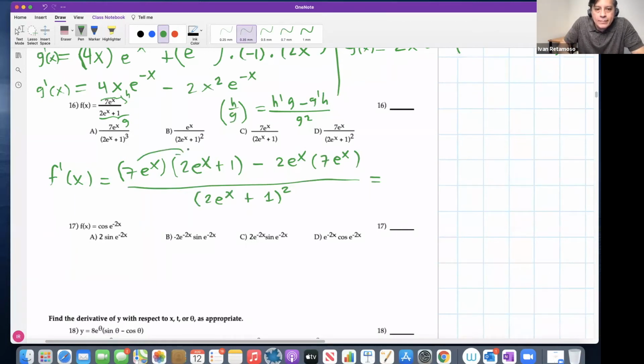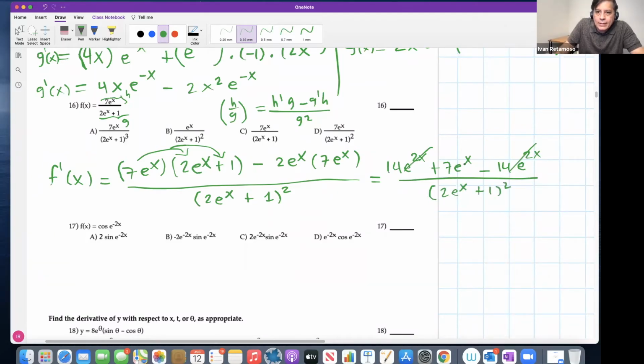Simplifying, guys, look, 14 e to the 2x, since e to the x times e to the x is e to the 2x. This times this, plus 7e to the x, minus 14 e to the 2x. These cancel, and therefore the answer should be 7e to the x over this. The denominator stays.